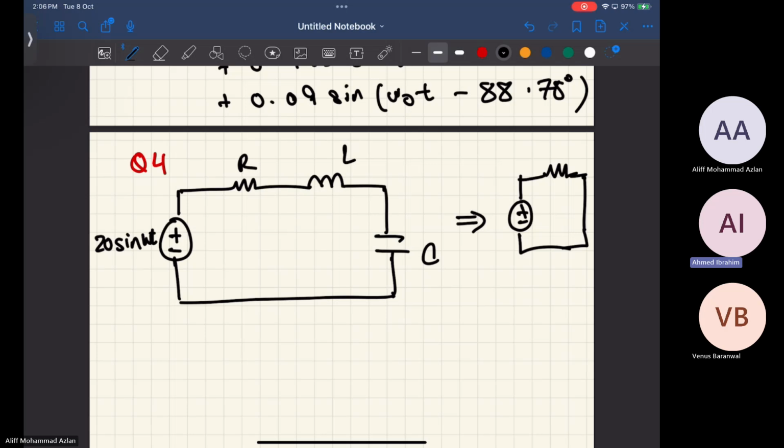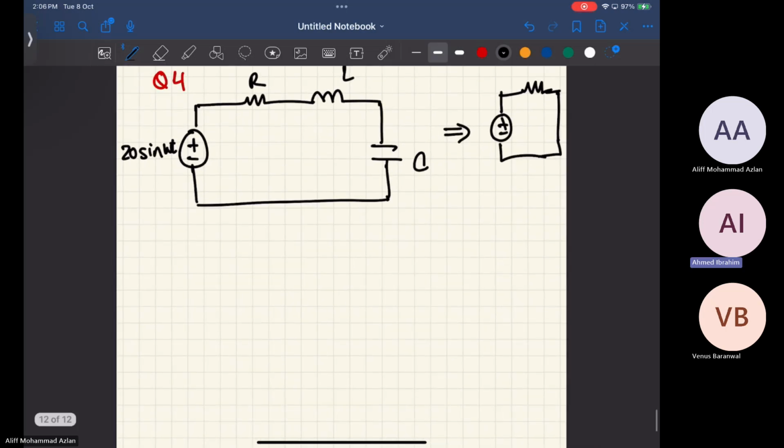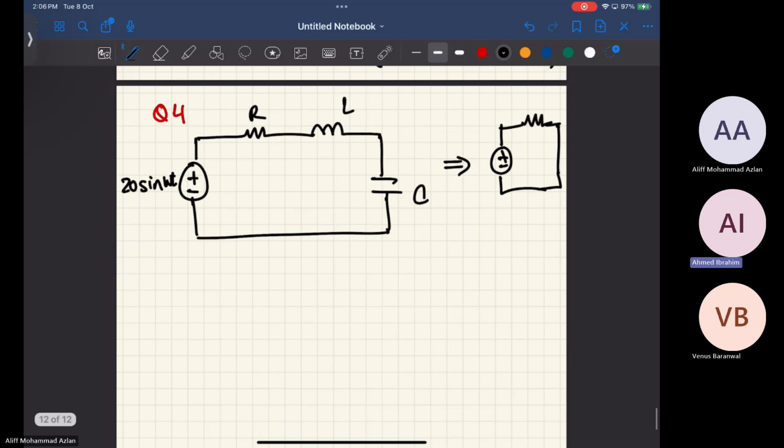So we want to work out what that frequency is. So the way we do that is first by calculating the impedance of the inductor and capacitor and solving for omega to see how they cancel out.